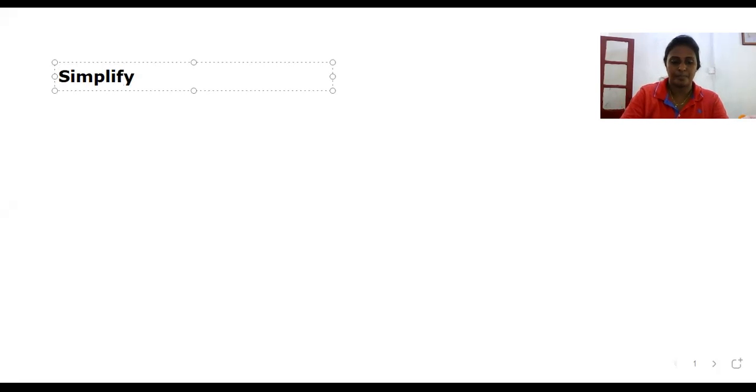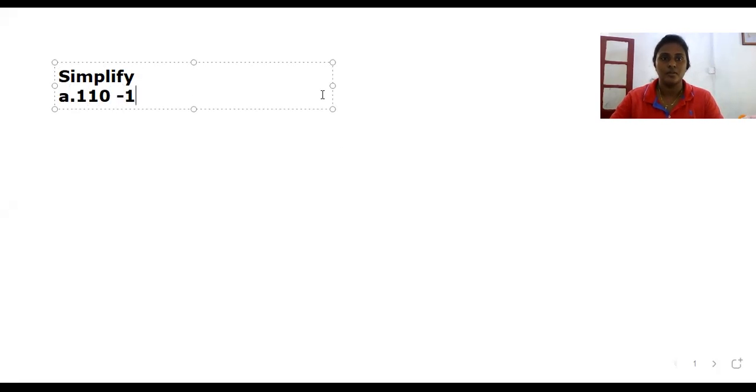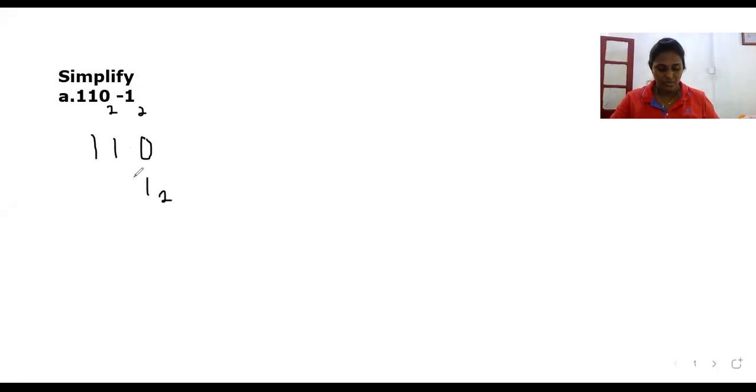Simplify A: 110 minus 1 base 2. Right, when you are given these things, better off writing downwards. 110 minus 1.